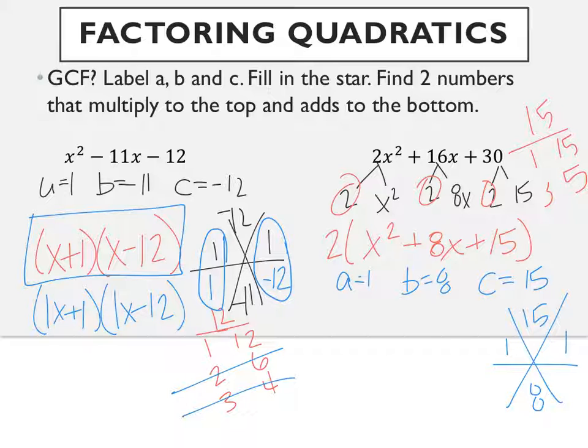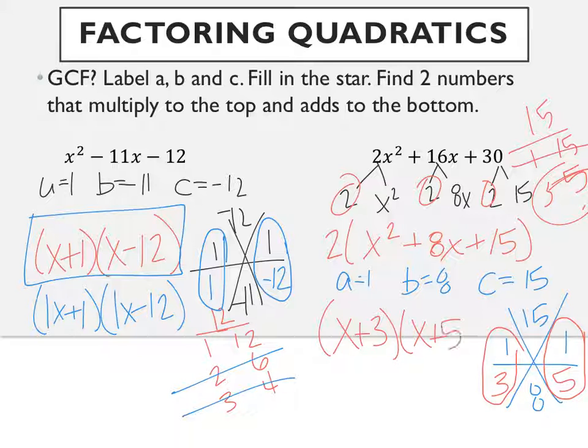There's no possible way for 1 and 15 to add up to 8, but 3 and 5 can. So 3 times 5 is 15, and 3 plus 5 is 8. So again, on the sides, I know we haven't seen any that do reduce yet, but we will soon. Nothing reduces over here, so I just have x plus 3 and x plus 5.